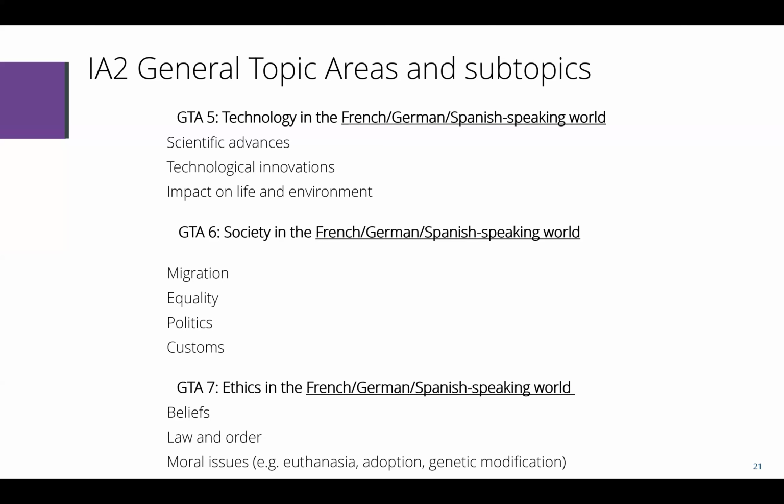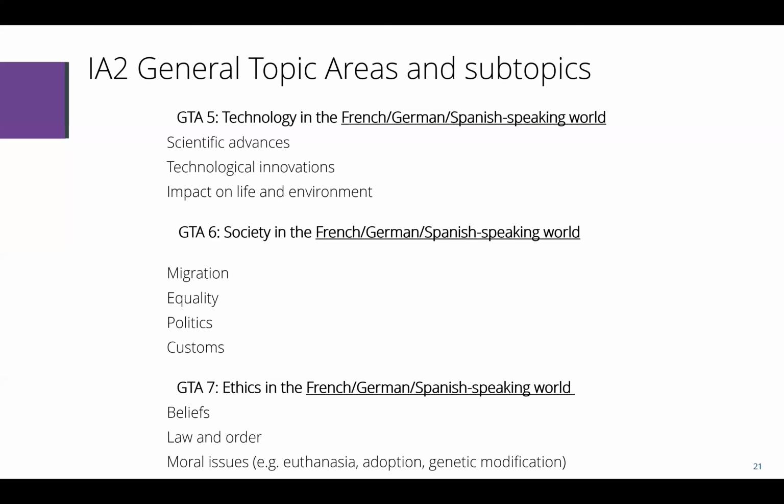So generally, when you are thinking about your scheme of work for the second year, obviously you need to cover these three general topic areas, but you also perhaps need to revisit the four from the IAS and perhaps do some at a bit of a higher level. That was what I would recommend.